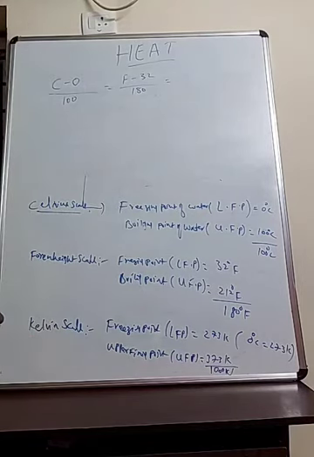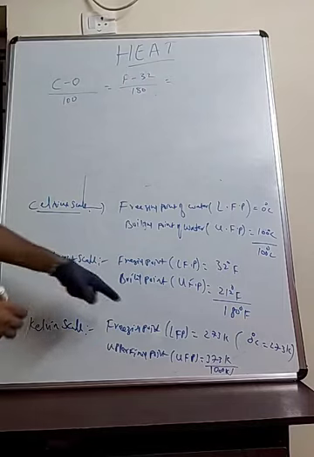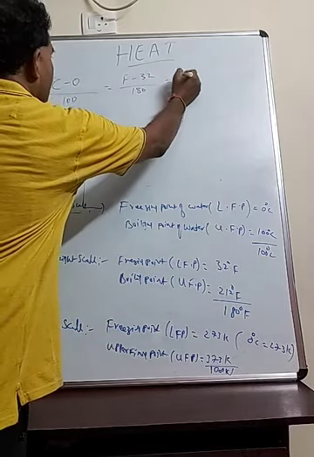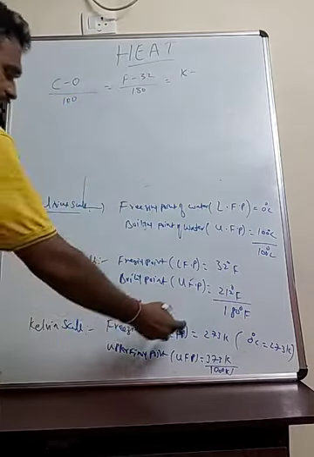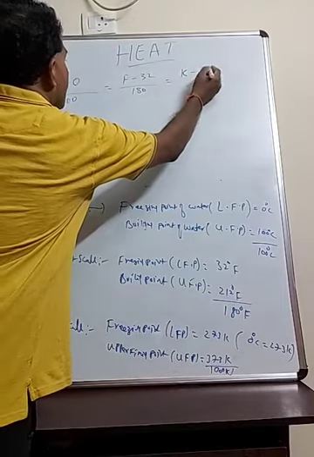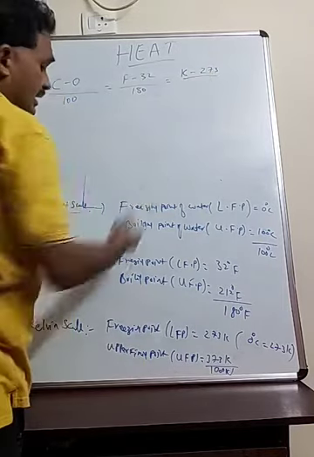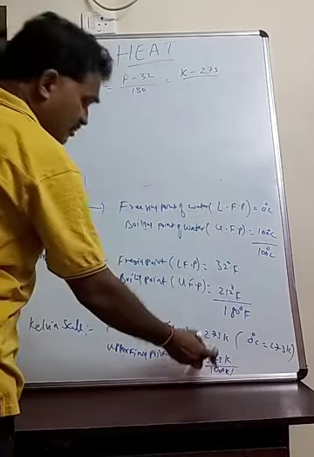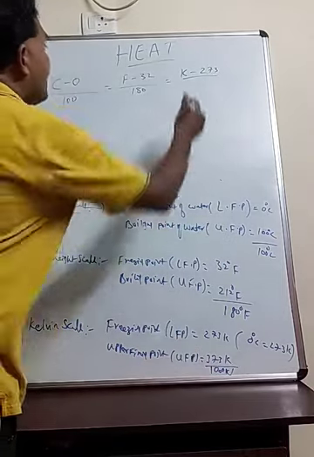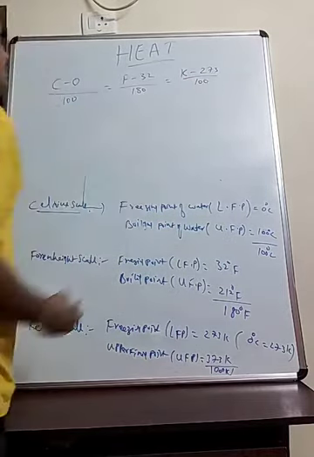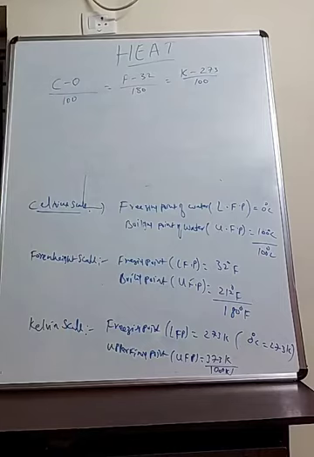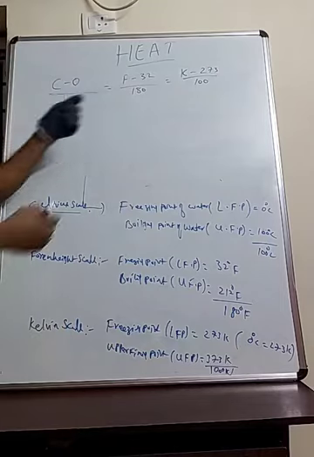For the Kelvin scale, we represent it with K. What is the LFP? 273 kelvins, divided by the difference between the LFP and UFP, 100. In this way we can define. So we can simplify here only.